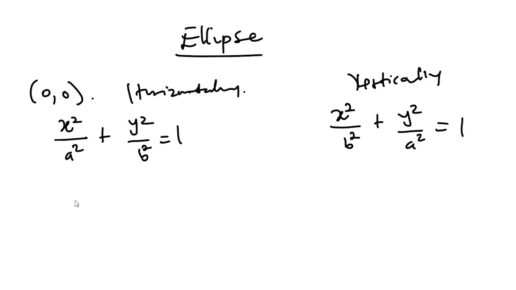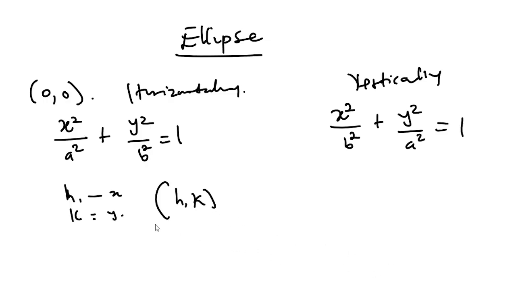What if the center shifts h units on the x-axis, then k units on the y-axis? So the center becomes (h, k).